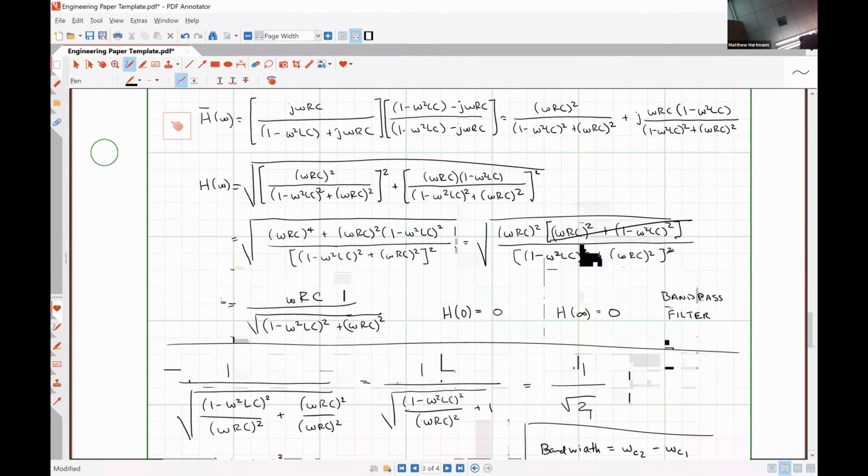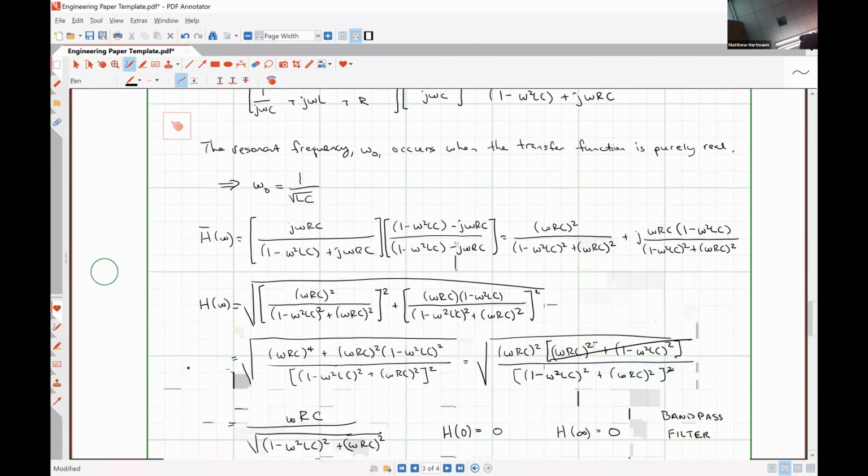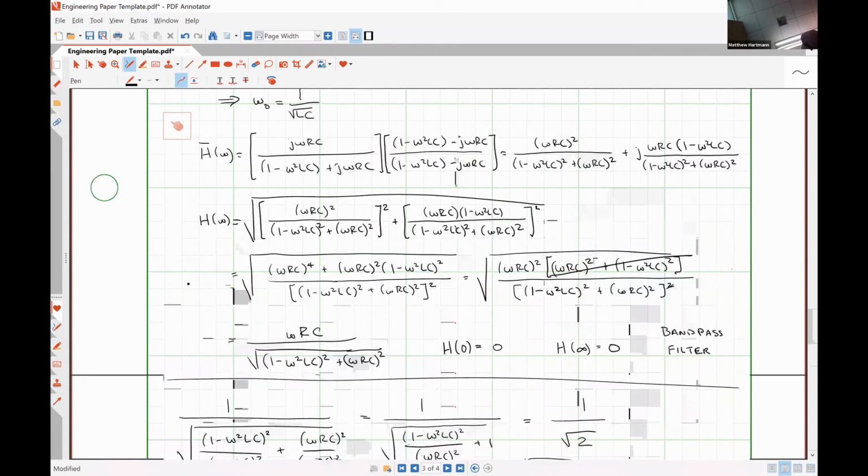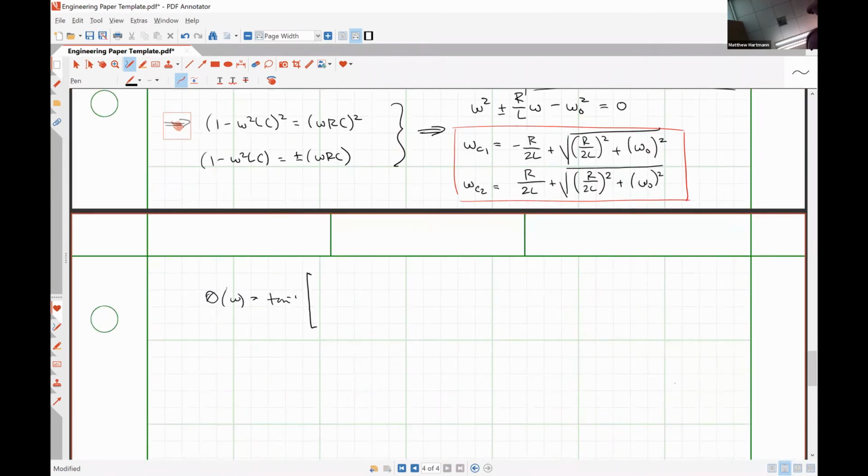So if we look at this, it should be omega RC times 1 minus omega squared LC, divided by omega RC squared, which gives us the arctangent of 1 minus omega squared LC divided by omega RC.